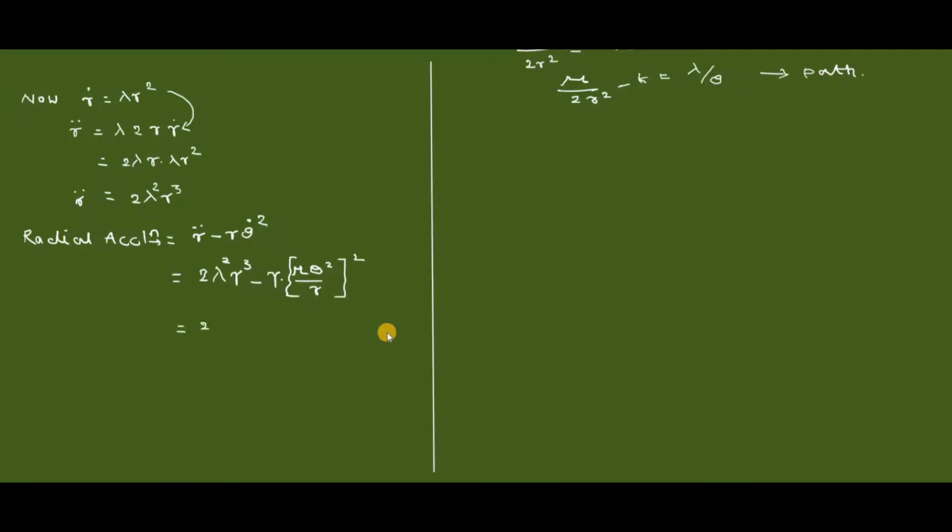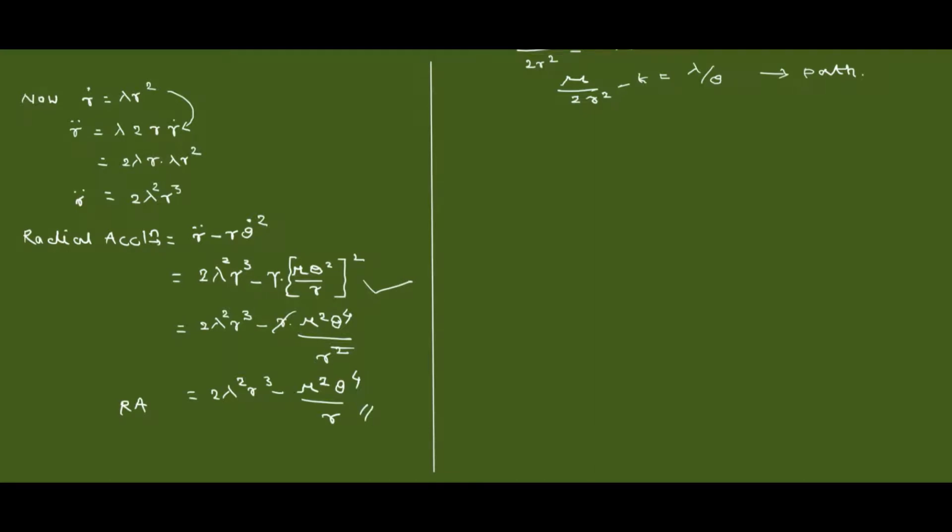So total it is 2 lambda square r cube minus r into, if you simplify this you will get mu square theta raised to 4 divided by r square, where one of the r gets cancelled, and that is equal to 2 lambda square r cube minus mu square theta raised to 4 divided by r. So this is the radial acceleration.